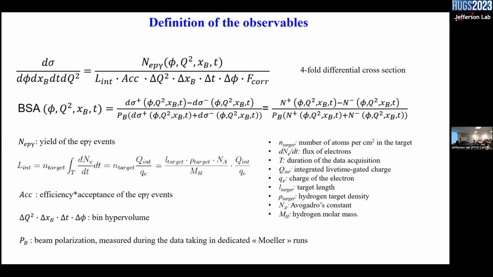If you do a cross-section, there are a lot of factors that need to be computed, and it's quite a daunting task to extract it. On the other hand, if you do a spin asymmetry, for instance the beam spin asymmetry, you take a ratio of the difference over the sum of the cross-sections for different values, for instance, of the beam helicity. And this kind of measurement has the advantage over cross-section measurements that all the factors in the denominator that do not depend on the helicity are going to cancel.